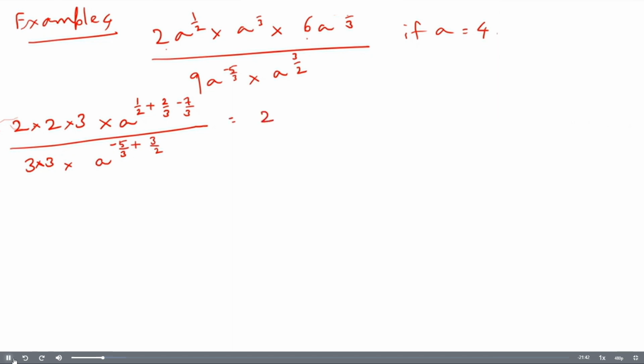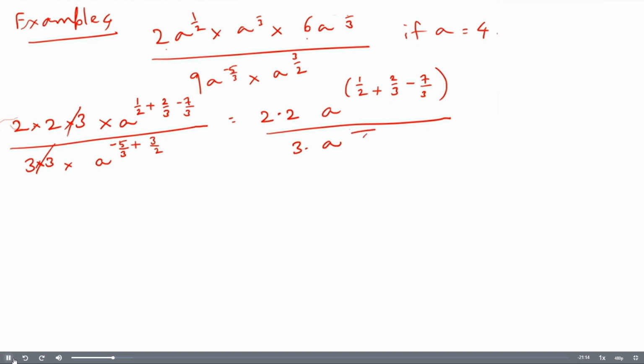Here we can cancel out, so this is 2 into 2 into a to the power 1 by 2 plus 2 by 3 minus 7 by 3, divided by 3 into a to the power minus 5 by 3 plus 3 by 2.